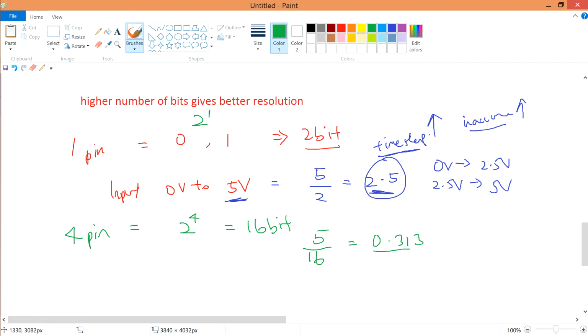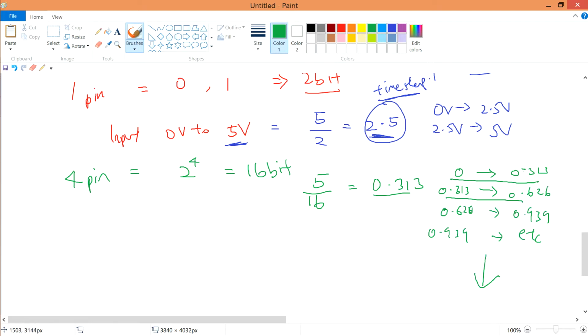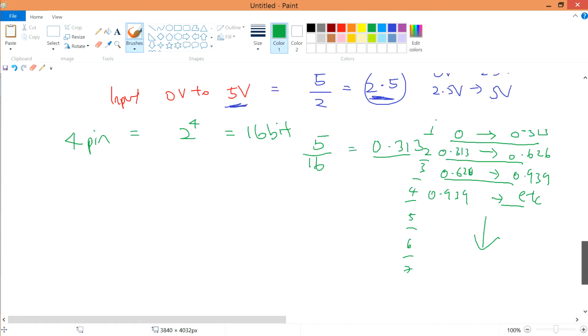So I can represent the signal in terms of 0 to 0.313, then 0.313 to 0.626, and so on, all the way to 16.